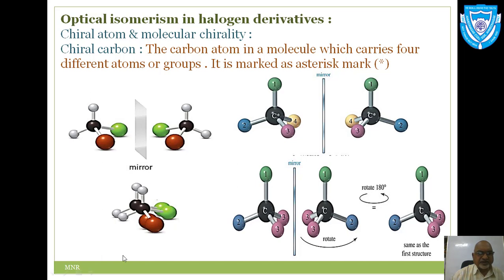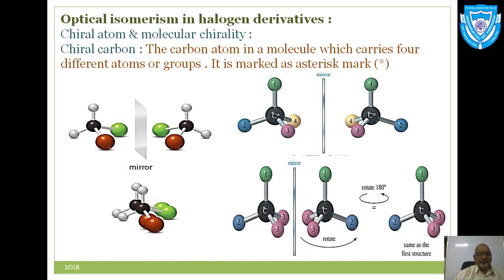Now in the first structure, if you see, 2 atoms are the same. No doubt they are mirror images, but 2 atoms are the same and 2 atoms are different. The valency of carbon is 4, and as such there will be 4 substituents. If all these 4 substituents are different atoms or groups, the carbon is called an asymmetric carbon atom, and in particular it is called a chiral carbon atom.